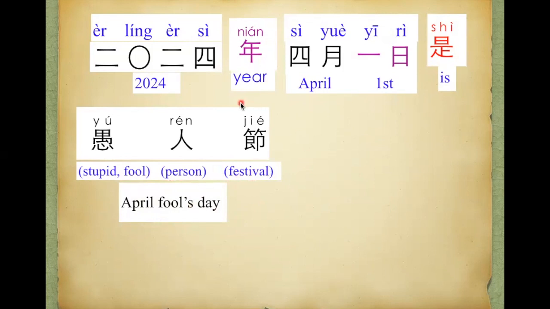In Chinese, when we say the date, we start with the year, the month, then the day. From bigger, smaller, and smaller.